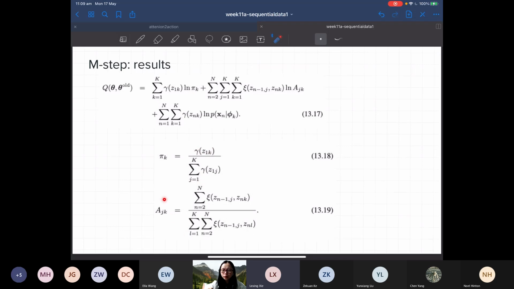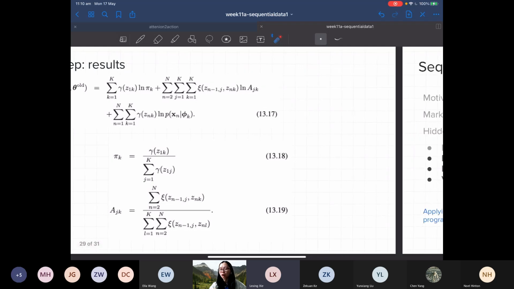We can similarly normalize, right? So the transition probability is summing over all positions in the sequence and normalizing the corresponding row. These are intuitive. I'm not going to derive them in detail, although I trust you can do them by either citing the maximum likelihood result for the multinomials or using a Lagrange multiplier, imposing that the pi k and A jk sum to 1 over k.